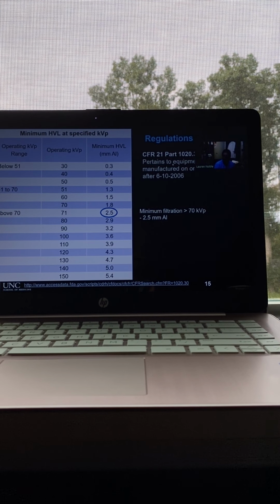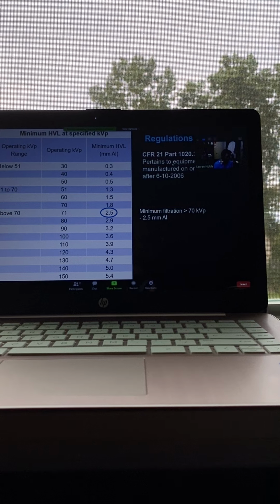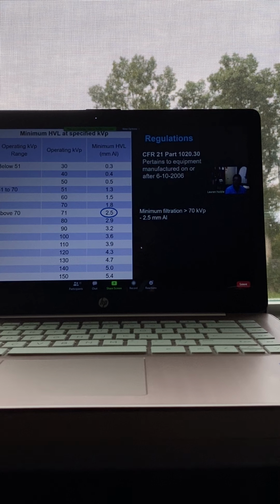And this is posted in that link where I gave you the Code of Federal Regulations. There's a chart very similar to this in that Code of Regulations that I posted for you, and it lays out what the minimum half value layer requirements are. Okay, so if you notice, and this really is key because our X-ray equipment operates above 70 kVp, the government says the minimum half value layer that an X-ray unit must have is 2.5 millimeters worth of aluminum.